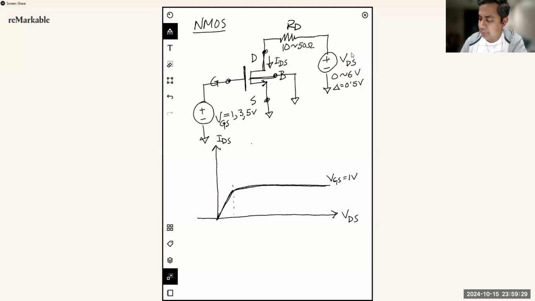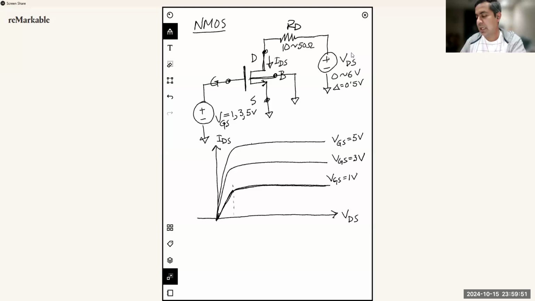Then when you increase the VGS voltage, you will get a higher slope over here, but the shape of the ID-VD curve will be the same. If you increase it even more, you will get an even higher saturation current and higher slope in the linear region for the MOSFET current. Okay, so that's pretty much how you want to do this experiment for the first part.